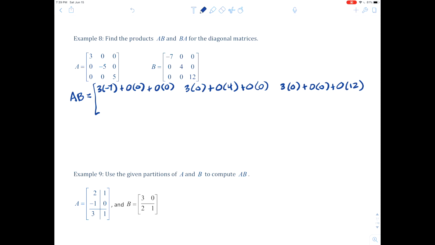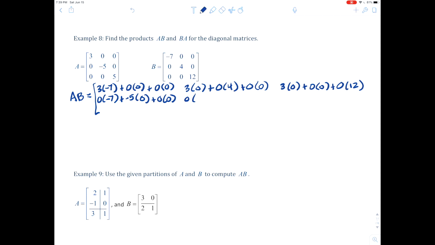So we'll have an A and then we're on the first column. So 0 times negative 7 plus negative 5 times 0 plus 0 times 0. And then for our second row, second column entry, what's going to happen?